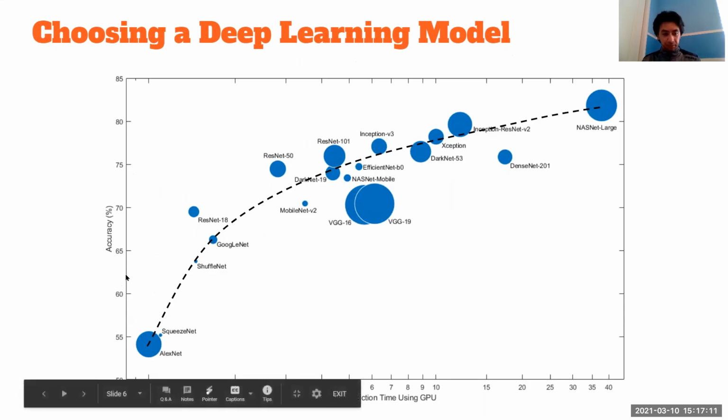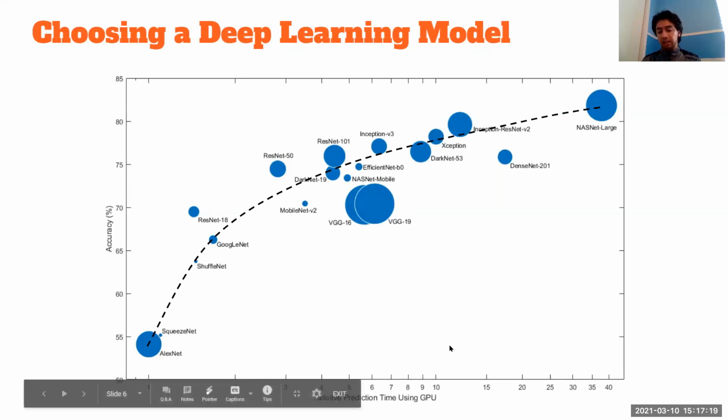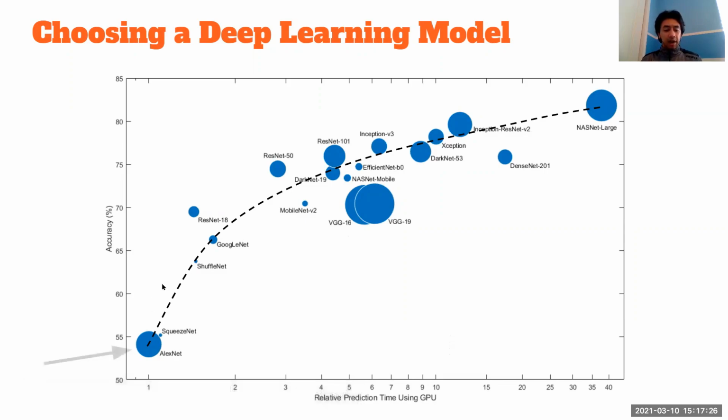However, if you want an 80% accurate neural network, about Inception ResNet v2, that's about 10 to 11 times slower than the AlexNet neural network. So for this project, I decided to use AlexNet for my recognition neural network and ResNet 50 for my detection.